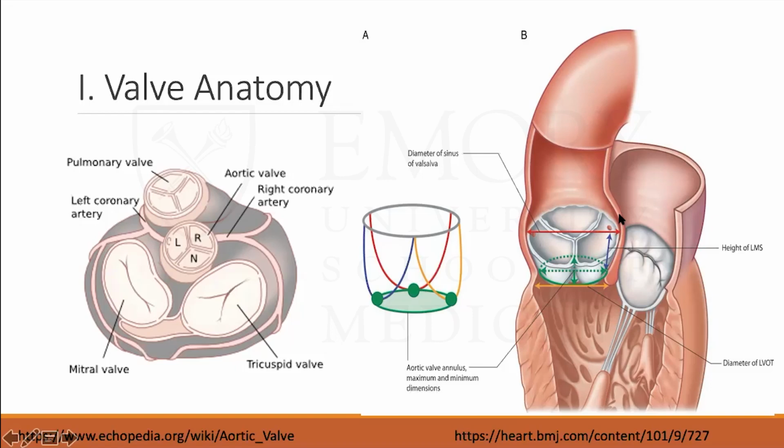The sinuses of Valsalva meet at the sinotubular junction, and above the sinotubular junction is your ascending aorta. Here you can also see the fibrous continuity between the aortic valve and the mitral valve. The one thing that's not shown here is that you also have your AV node sitting back here as well.